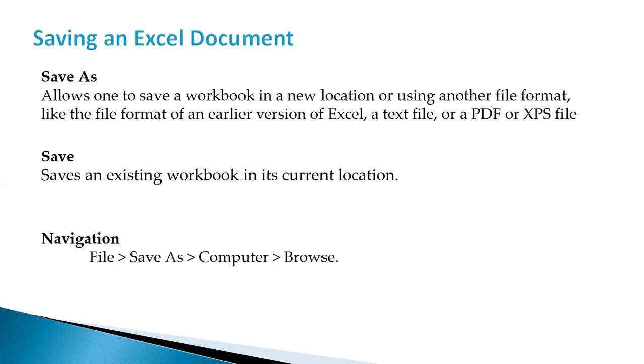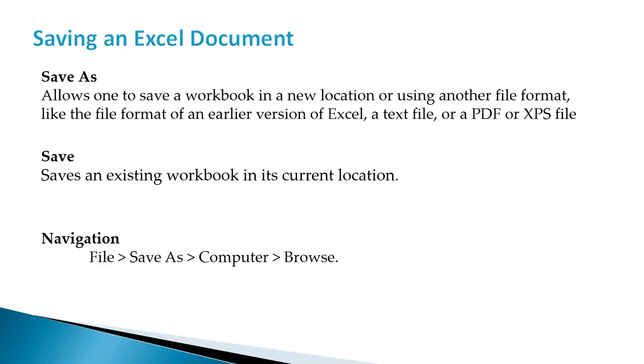So save as is used to save your workbook for the first time in a new location, or if you want to save your file in another file format, or using a new file name in a new location, you could use a save as option for your workbook. So it allows you to save documents in a different location or with a different file format.